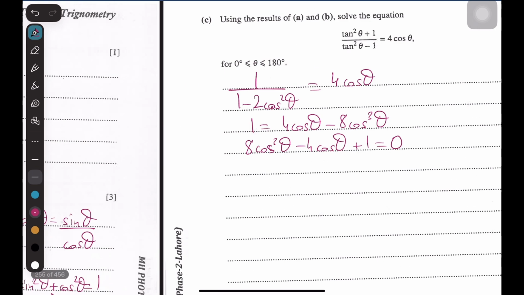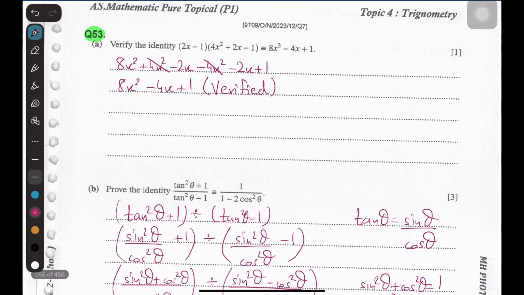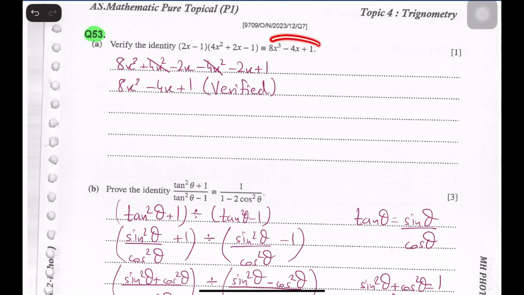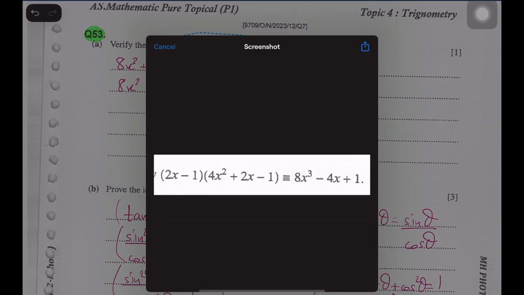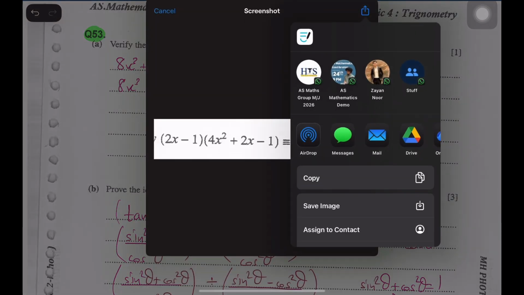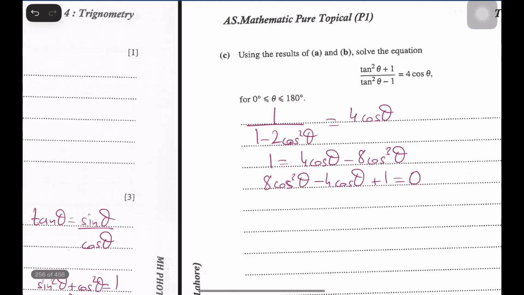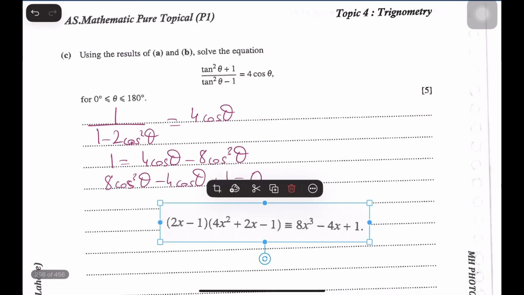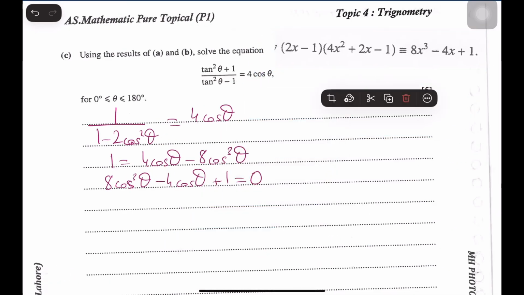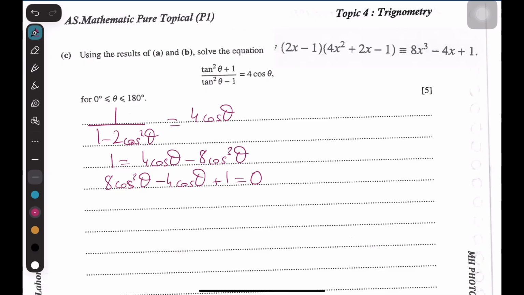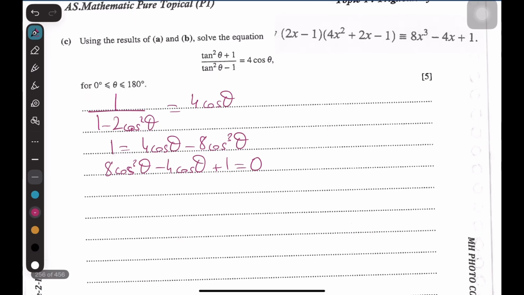Now if we look at part A, so we know that 8x cube minus 4x plus 1. Let's take this to the next page. So we have this identity, we've proven this already, so we can use this directly.